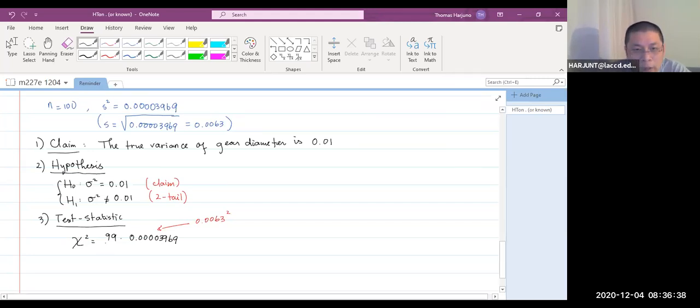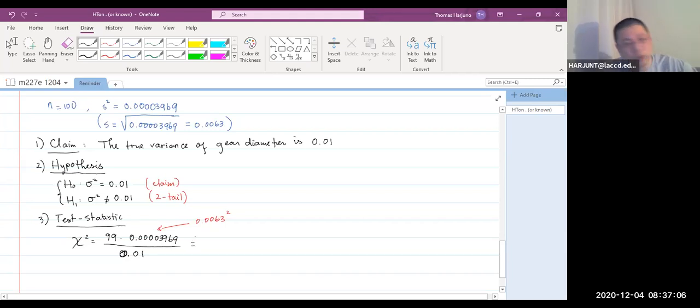Right now I have the sample variance, so I will just use it as is. But if I don't have the sample variance, then I use the sample standard deviation, squared to get the sample variance. The denominator is sigma squared, the constant from the null hypothesis, that's 0.01.